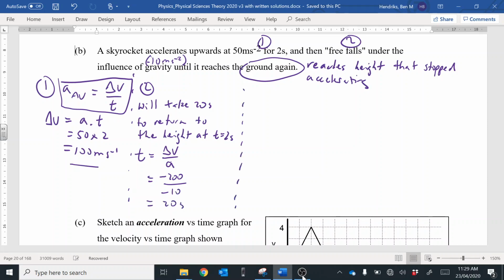Alright, so we want to draw in our velocity versus time graph.